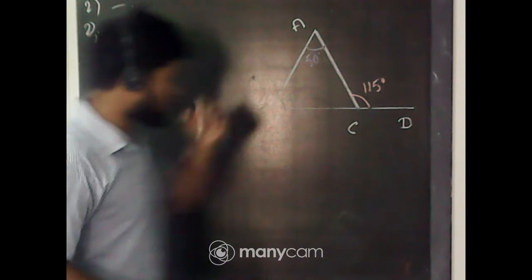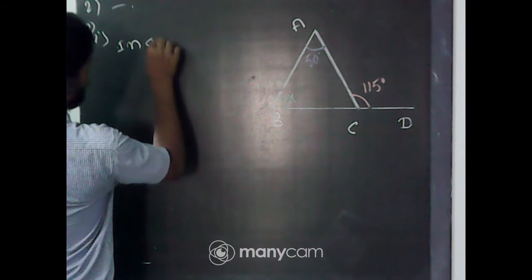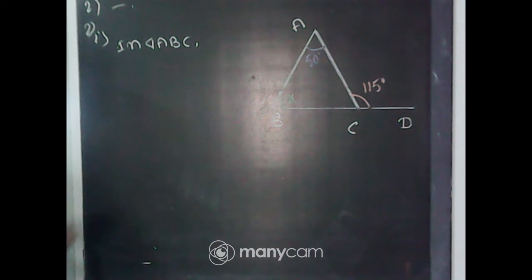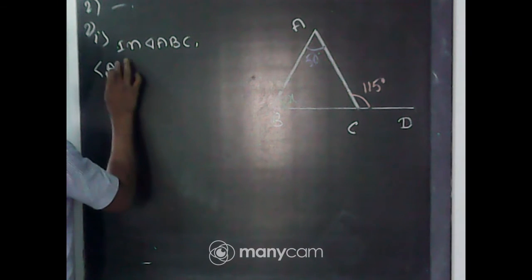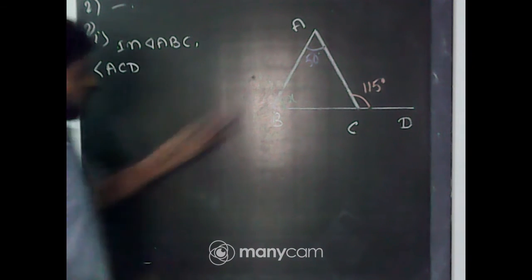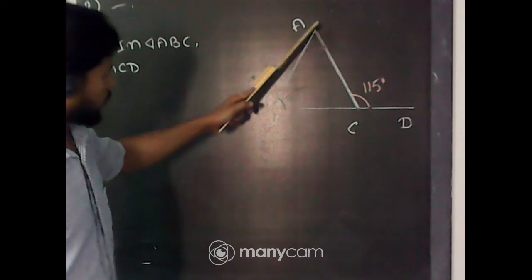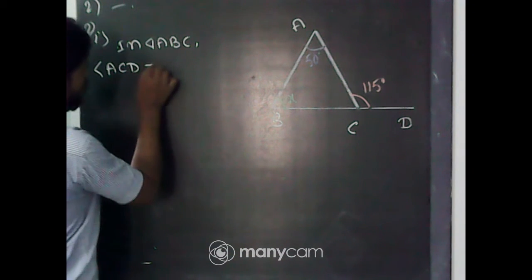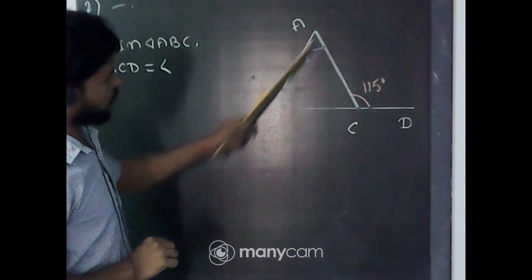Let us consider the triangle ABC. In the triangle ABC, if we apply the exterior angle property, the exterior angle is ACD. The exterior angle will be equal to the sum of the opposite interior angles.